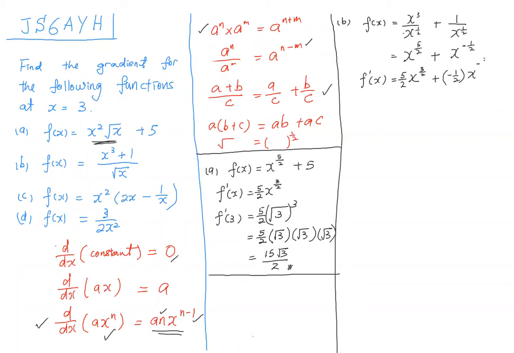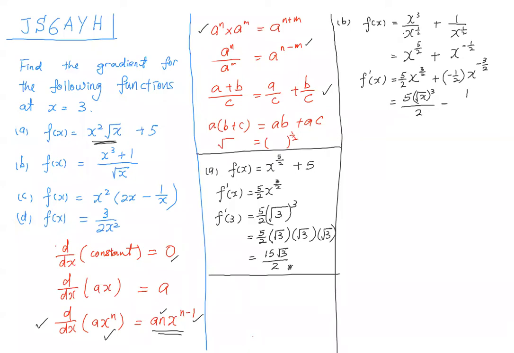Negative half minus 1. Okay, so now I got 5 root x to the power of 3 divided by 2. I write like that so that when I want to do calculation, I can do it easily.